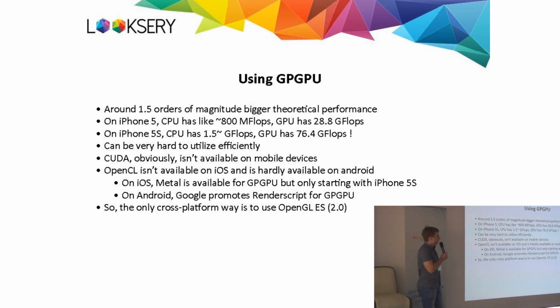On iOS, starting with iPhone 5S, you can use Metal for GPGPU, but we wanted to make things faster on slow devices, not on fast devices, so that wouldn't be very helpful for us. So we wanted to try to utilize just OpenGL ES 2.0 to do some GPGPU and speed up our face tracking.